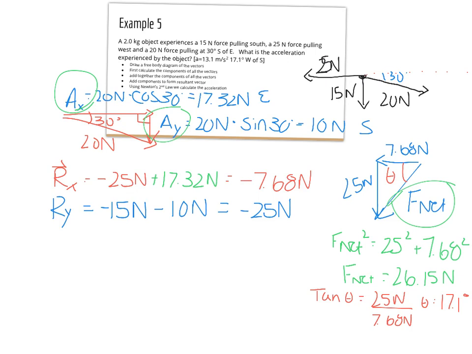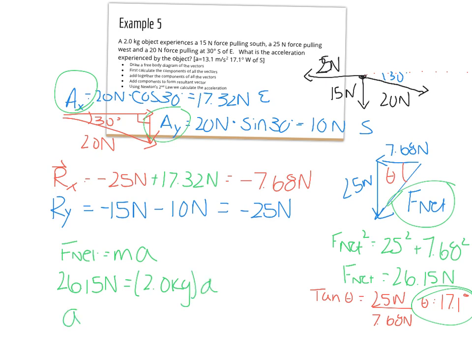We are being asked for the acceleration though. So remember that F net equals the mass of the object times its acceleration. We don't need to consider positives and negatives, again, because we already have our direction. So 26.15 newtons equals, our object is 2 kilograms, times acceleration.